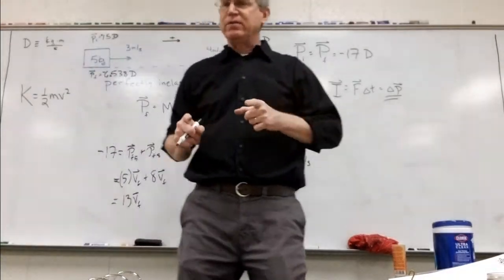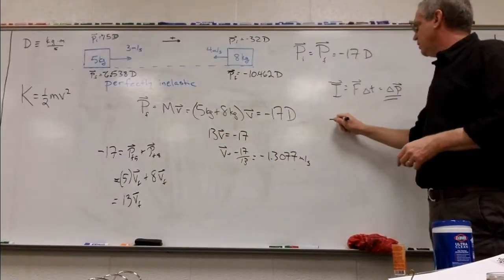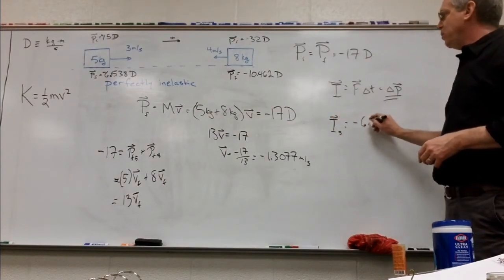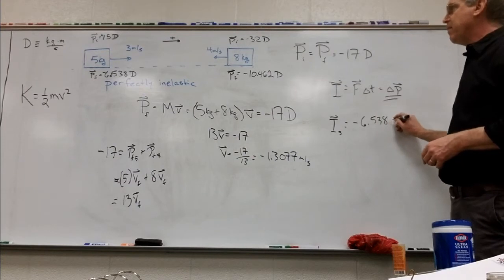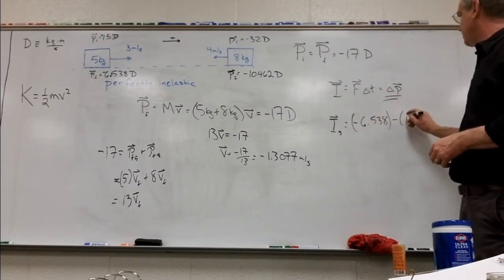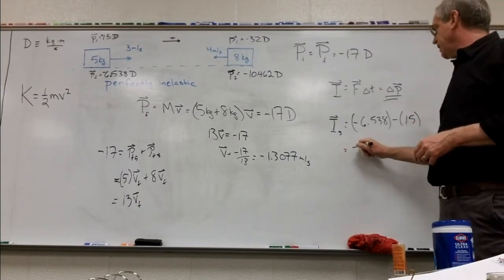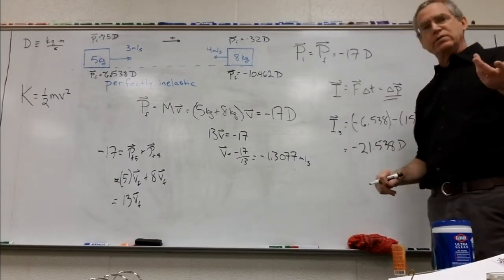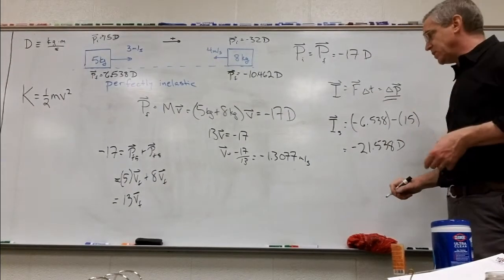All right, so the impulse is just the difference. Remember, it's final minus initial, and so the impulse for the 5 kilogram mass is negative 6.538, that's final, minus my initial, which is positive 15. And so we end up with negative 21.538 Descartes, or Newton seconds, whichever one you prefer, or kilogram meters per second.